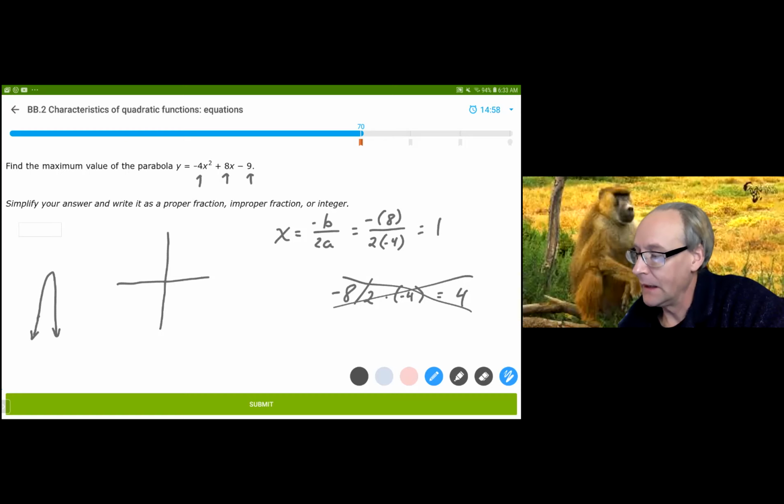All right. I'm going to put a 1 in for x, sorry, and I'm going to find my y value. Y is equal to -4 times 1 squared plus 8 times 1 minus 9. And that's going to be -4 plus 8 minus 9. And that is going to be -5, isn't it?